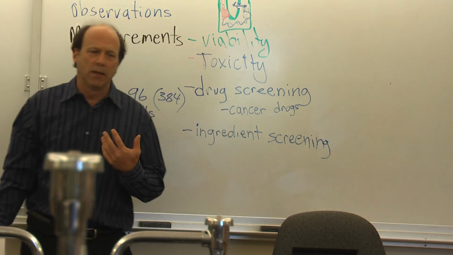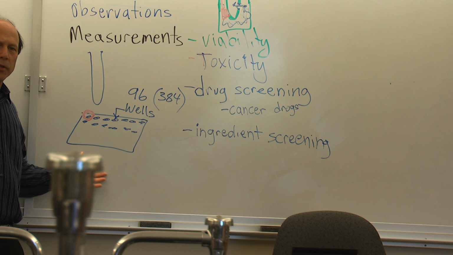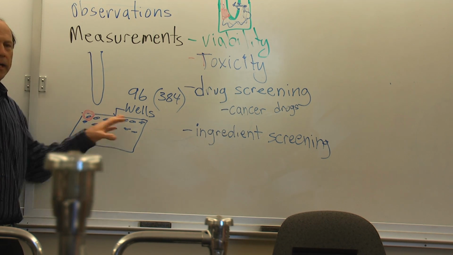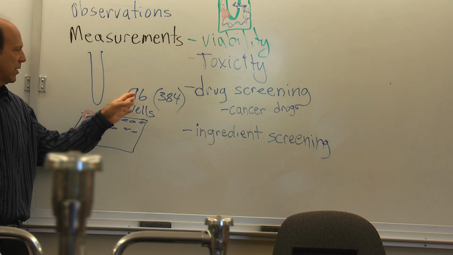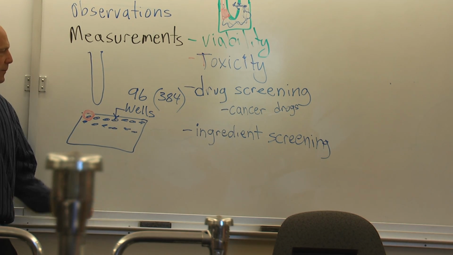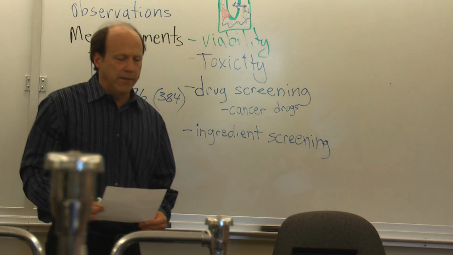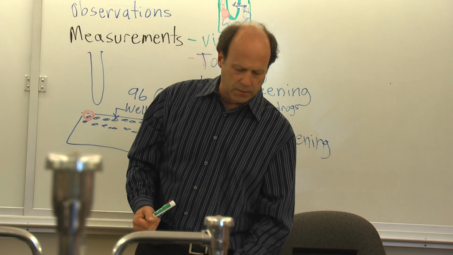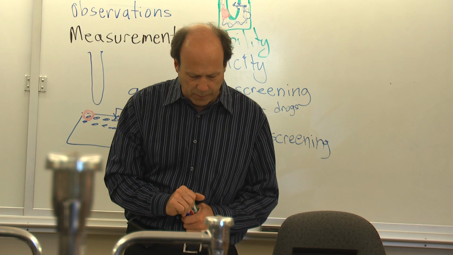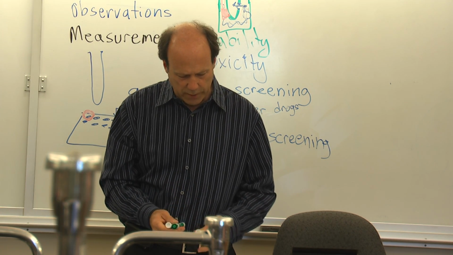The measurements are made using machinery that is designed to read these plates, either 96 well format or 384 formats. And by having machines that are electronically detecting something, you're getting the results much faster, and it's more quantitative.